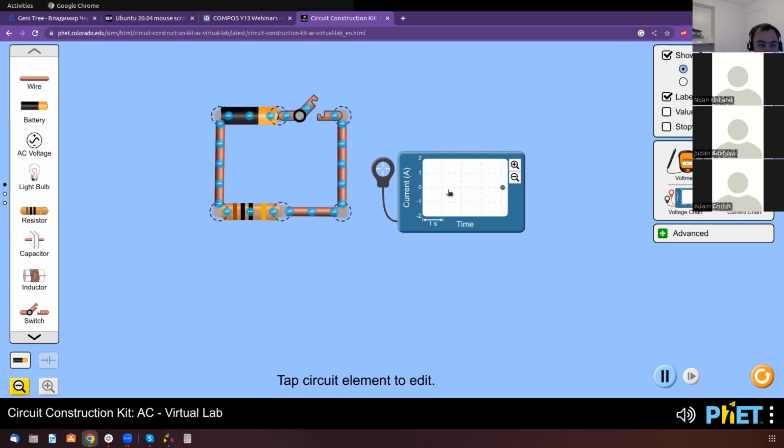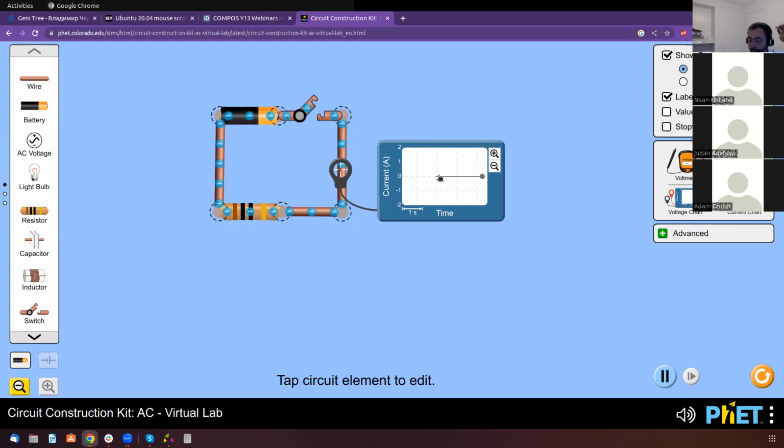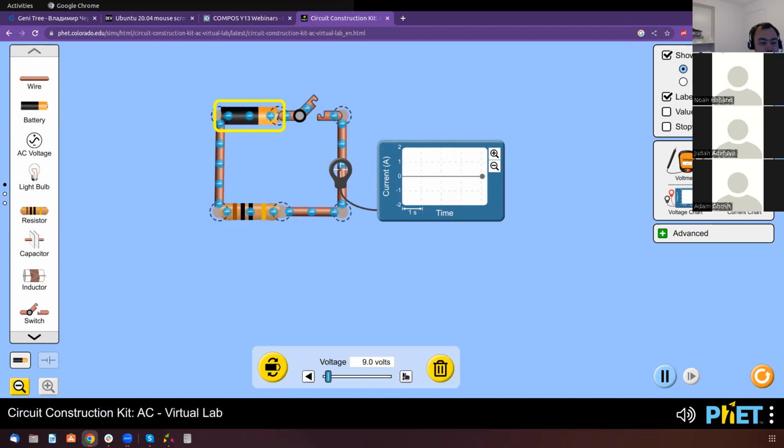What happens to the current? There's no inductor yet. So just tell me. Yeah, jumps to a maximum. So let's have a look.